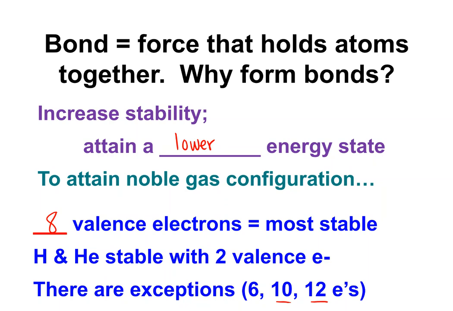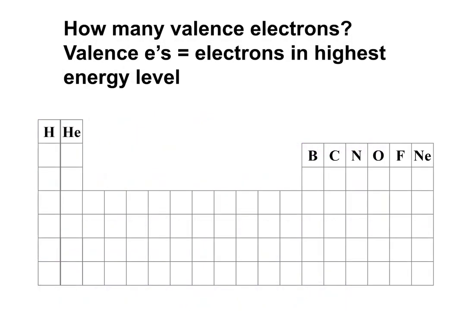Valence electrons are the ones on the outside of the atom. And you'll remember before we learned trends. We could look at the electron structure from the periodic table. And if we wanted to say how many valence electrons, say all of these have, these all have 1 electron in the s. So these have 1 valence electron. All of these have 2. And then this is B where we have 3.